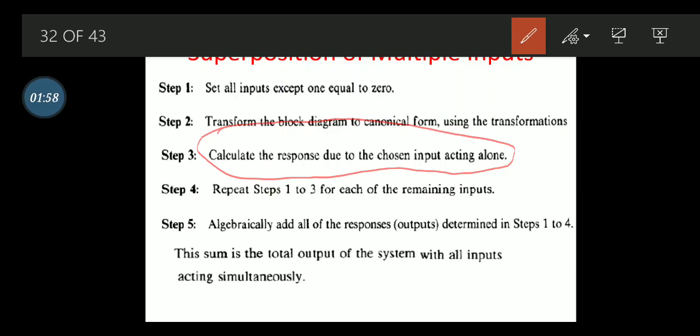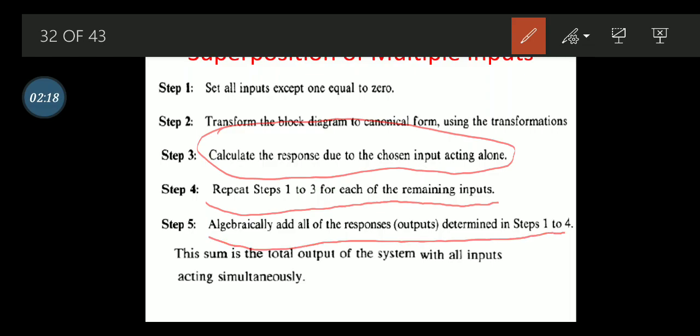And step number 4 is repeat steps 1 to 3 for each of the remaining inputs. So we need to repeat the same steps, 1 to 3, for each remaining input. Then finally step number 5 is algebraically add all the responses.